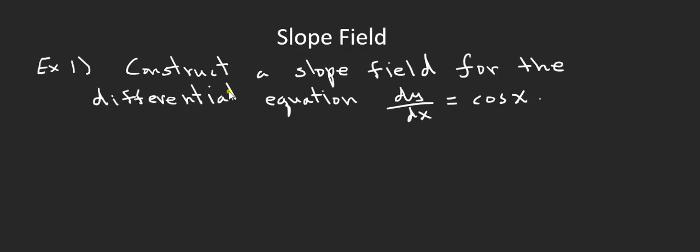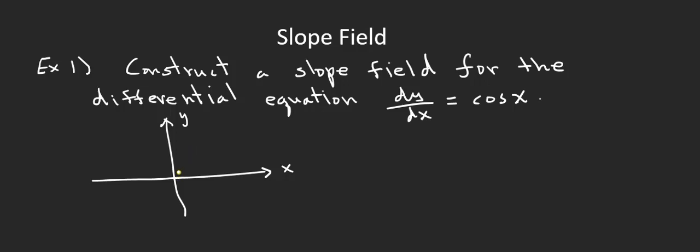So when you want to construct a slope field for dy over dx equals cosine x, you first need to graph the x and y axes. And notice, whenever x equals 0, what is cosine of 0? 1.